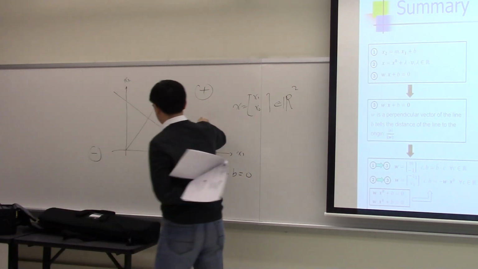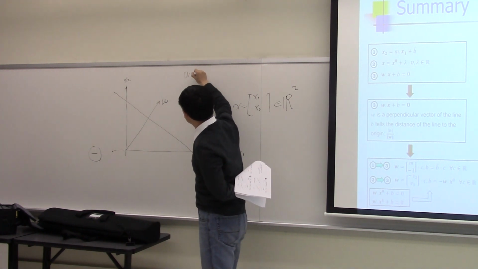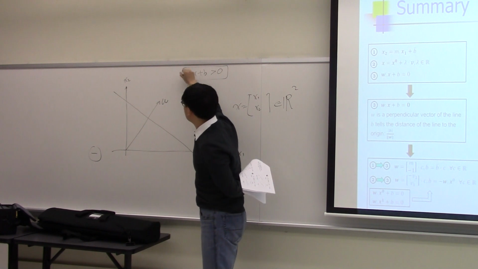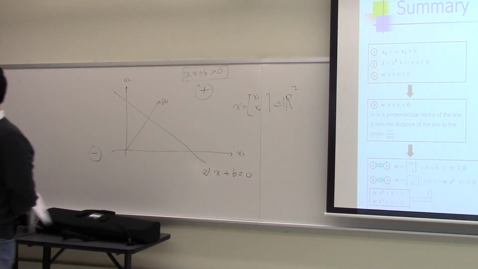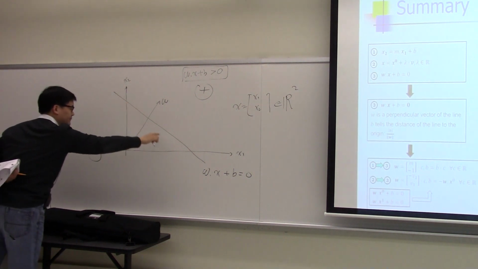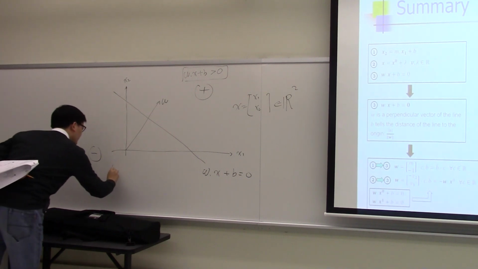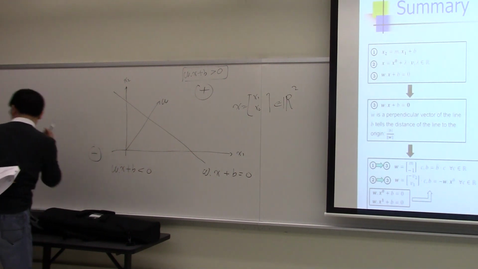Any point here satisfies W dot x plus B greater than 0. You follow? And any point below this line must satisfy W dot x plus B less than 0.